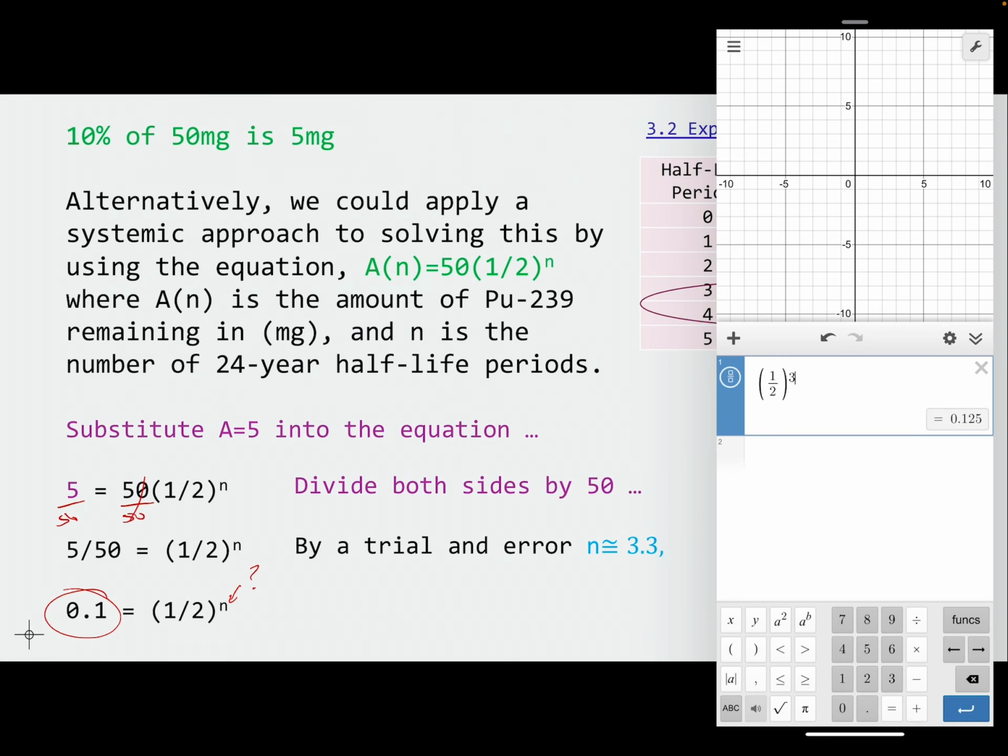I got 0.125. I could try adding a couple decimals, like 3.2, and that's a little bit better. Could try a little bit bigger, 3.3, and that's pretty close. With 3.3, I get 0.101, which is almost exactly 0.1. So we can go ahead with that.